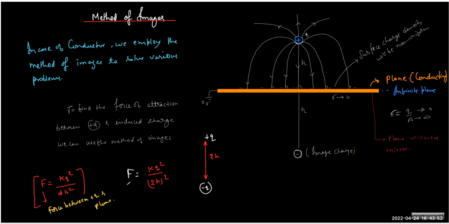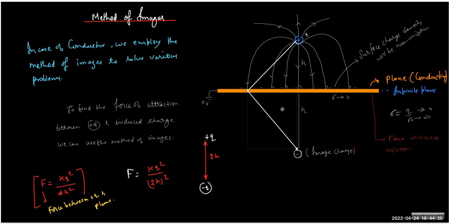Pardon? Why will this method work? Yeah, that's a good question, why it works. The idea is, if I take any point P on the conductor, the positive charge will have positive potential here, and the image charge will have negative potential.